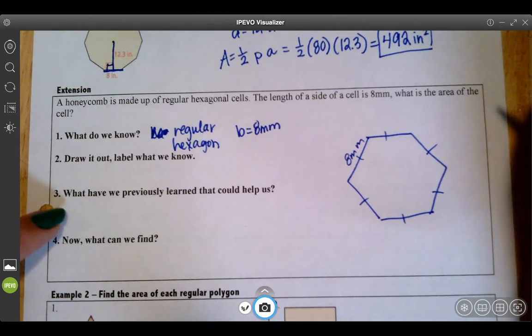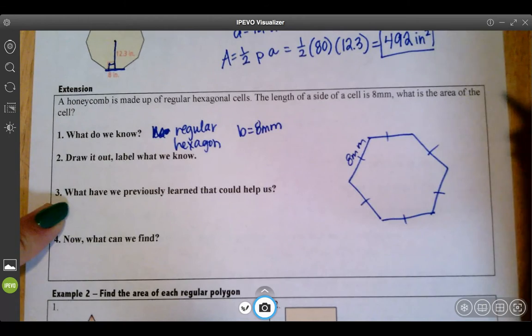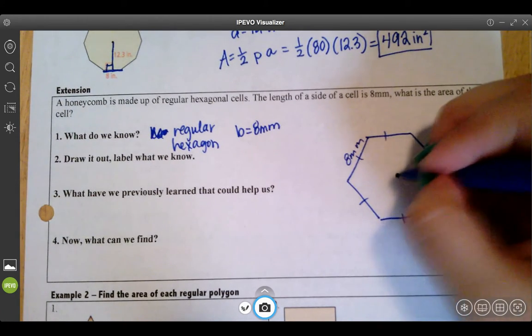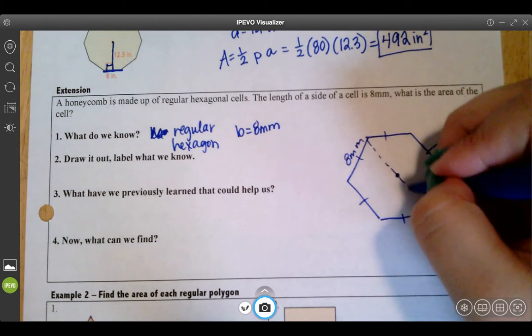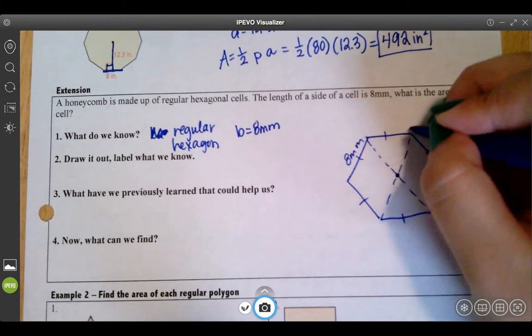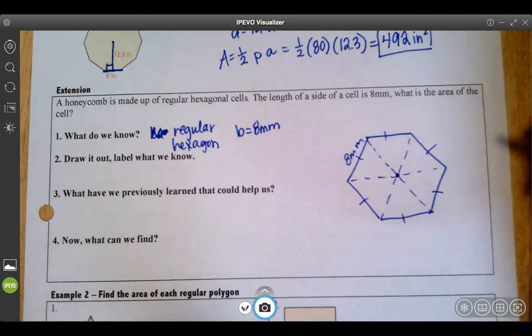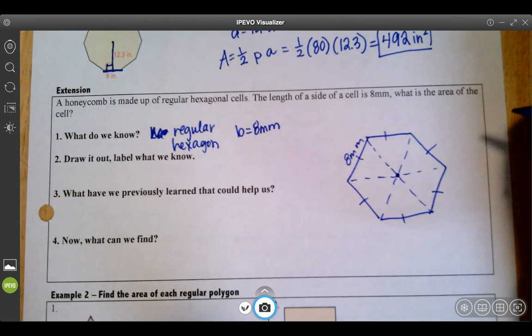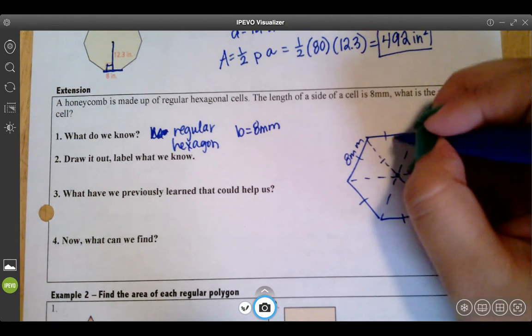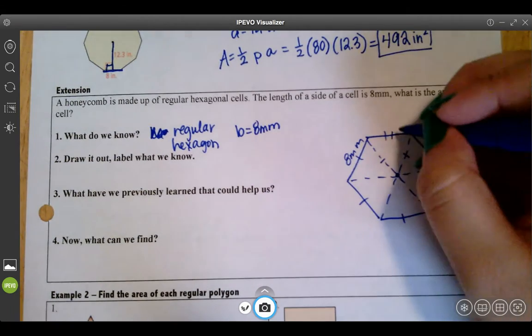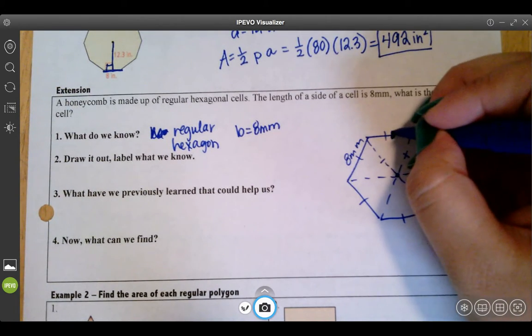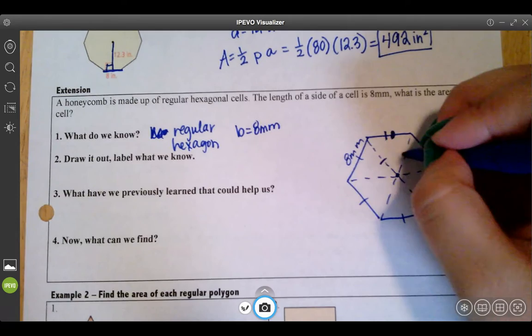Okay, what have we previously learned that can help us? Well, we know that a hexagon creates 6 triangles, and specifically what we've been observing is that it makes 6 equilateral triangles.